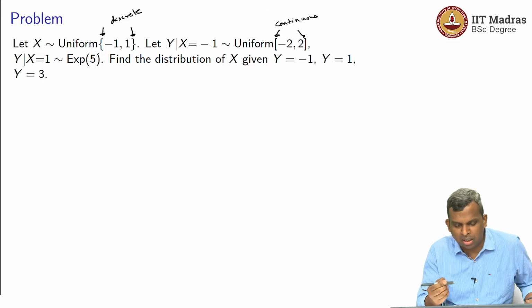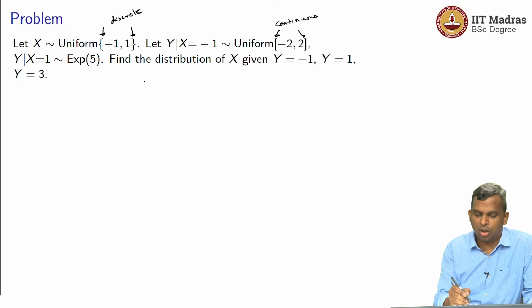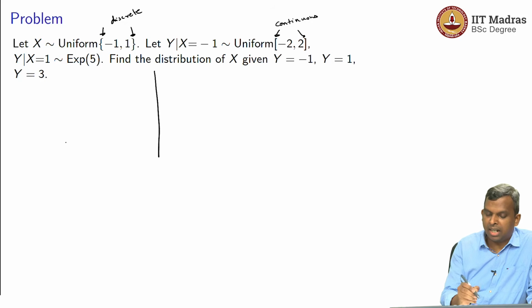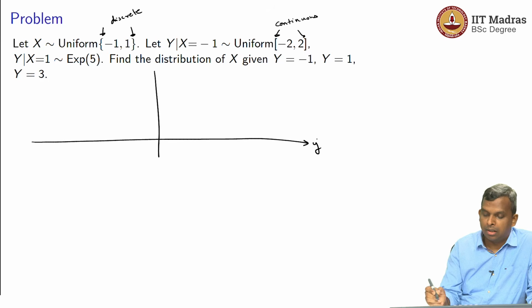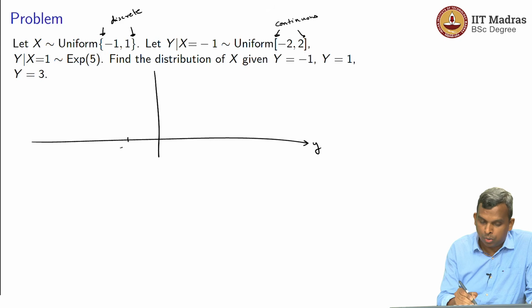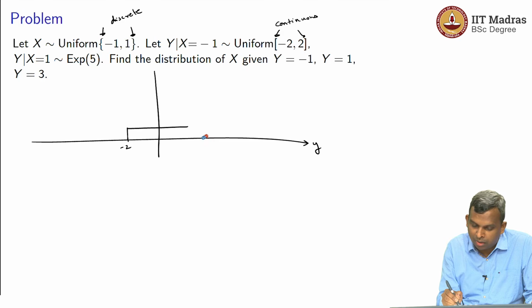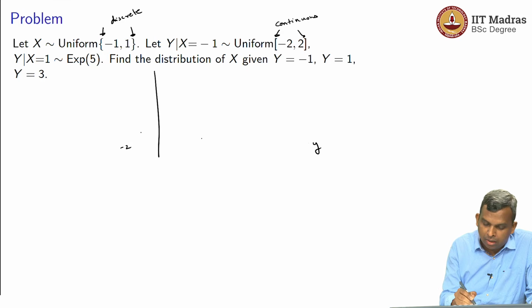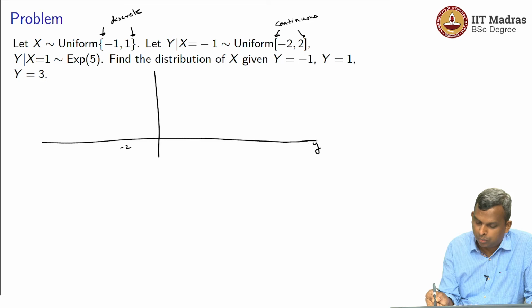I like to plot these things. I think it's illustrative to plot the densities, the conditional densities at least. So you have -2 to 2 uniform, that's one density. Let's draw it properly. -2, this could be +2, this is 1/4 height.